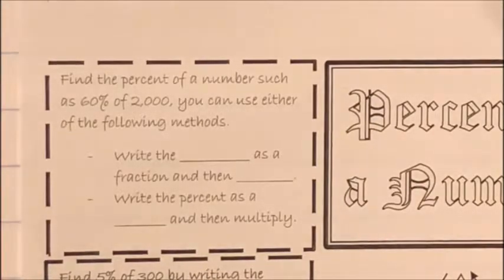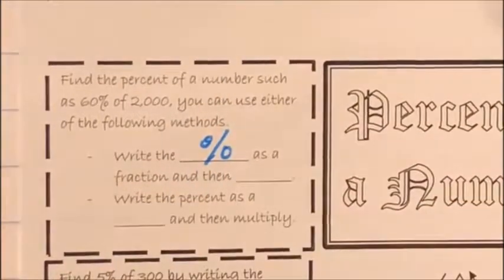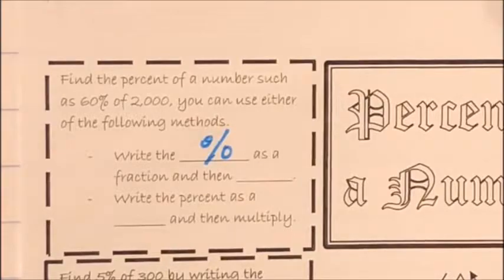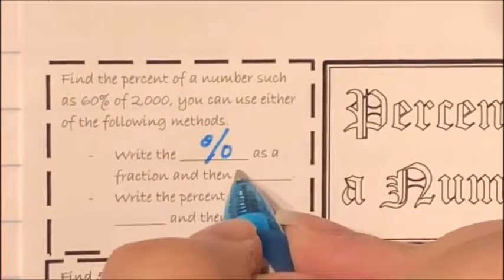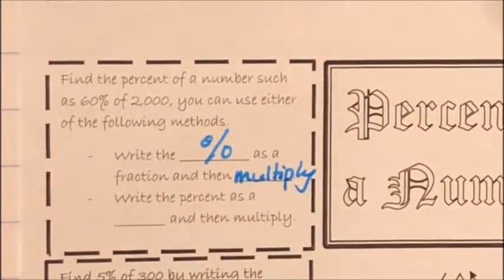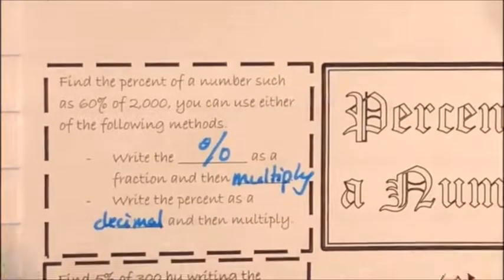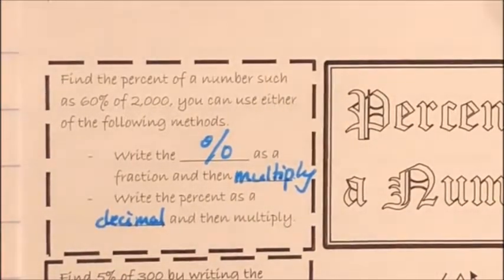In that first blank, you're going to write percent, or you can just draw the percent sign. Okay? So write the percent as a fraction and then multiply. Or you could write the percent as a decimal and then multiply. Either way works, okay?